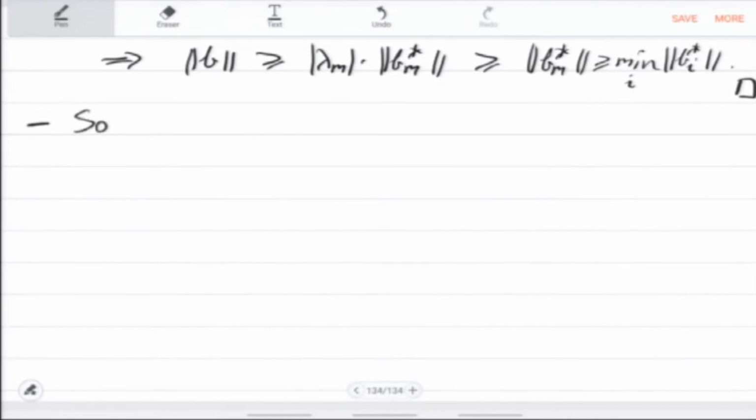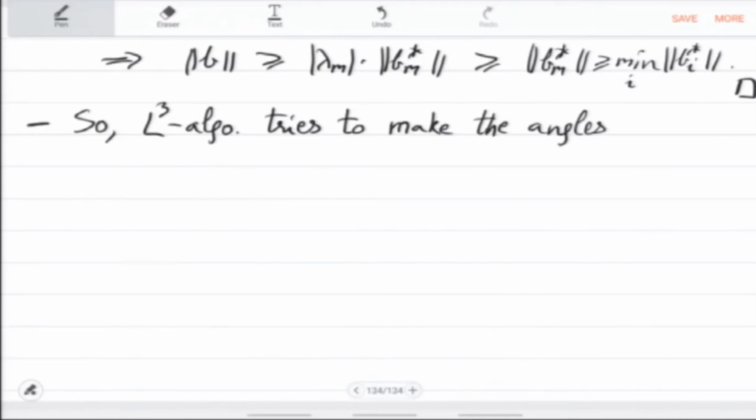So what will L cube do? The L cube algorithm tries to make the angles in a basis of the lattice close to 60 degrees.